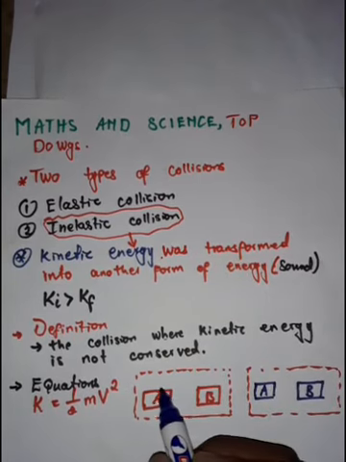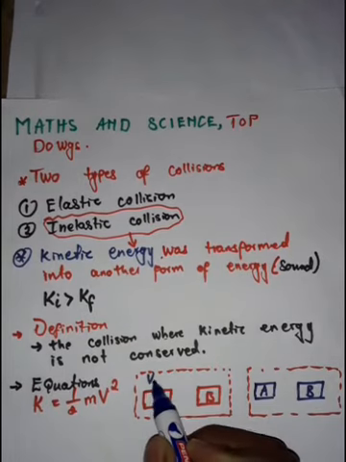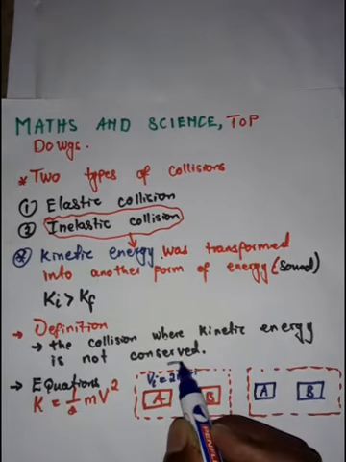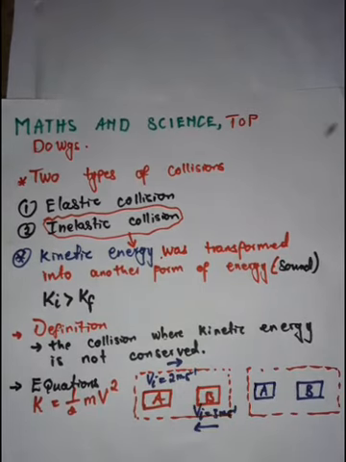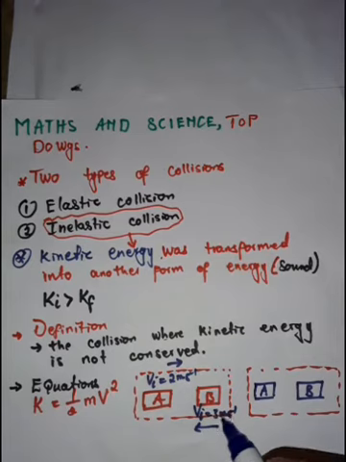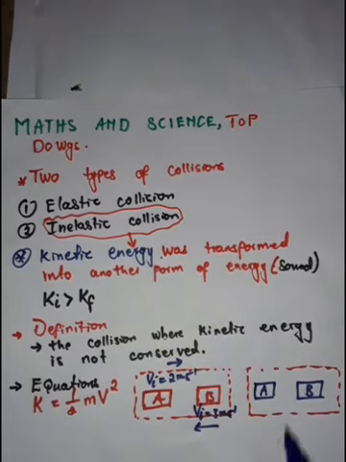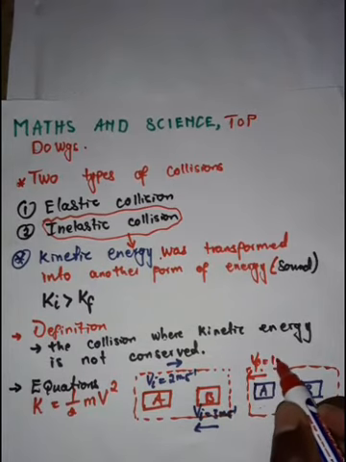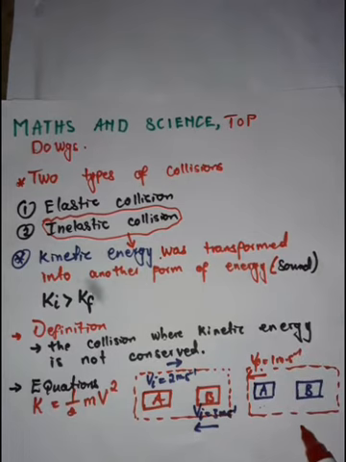Let's consider that here we have this car A that initially is moving to the right with 2 meters per second. And here we also have car B that's moving with 3 meters per second to the left. Finally these objects collide, and now object A is moving with a V final of 1 meter per second, and we have B with a V final we don't know.